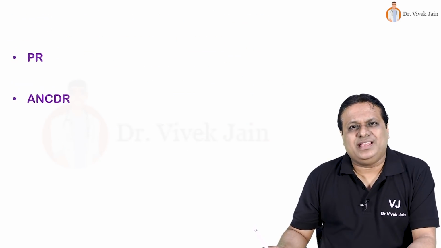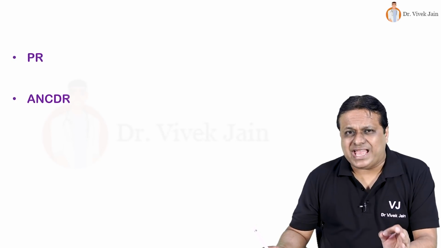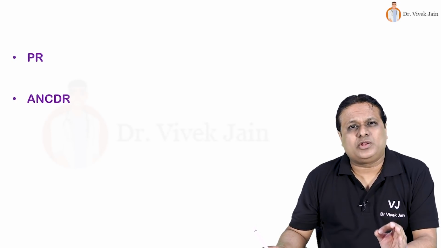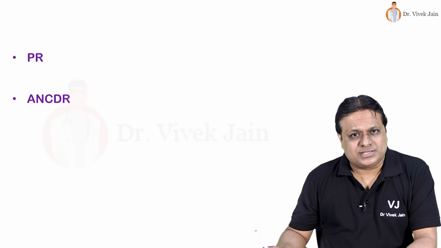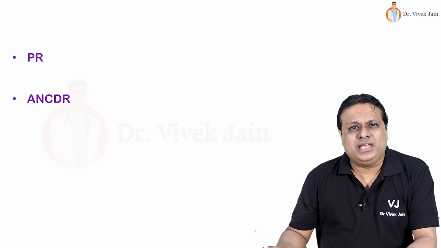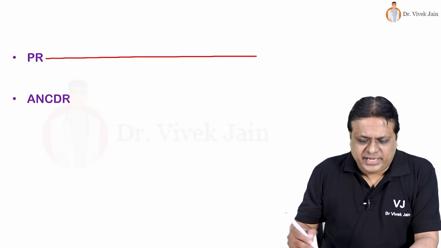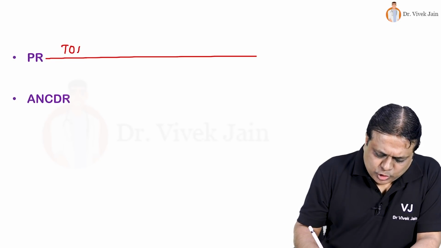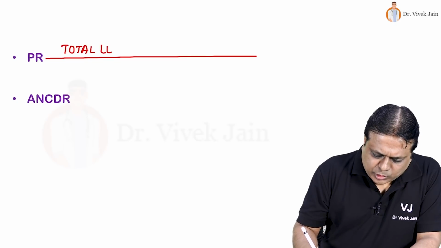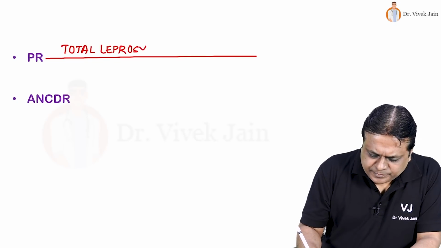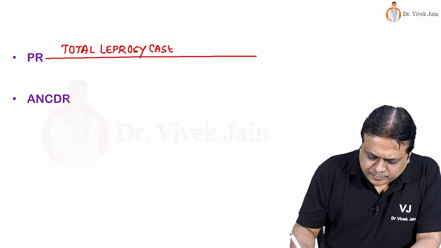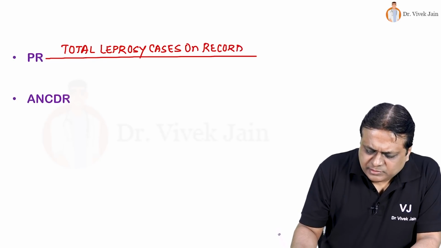When I say PR, A and CDR, we have discussed in my app video, these represent which particular disease and health program? That is leprosy, National Leprosy Eradication Program of our country. PR, prevalence rate, it tells you total cases, so numerator is total leprosy cases on record for a given particular area.